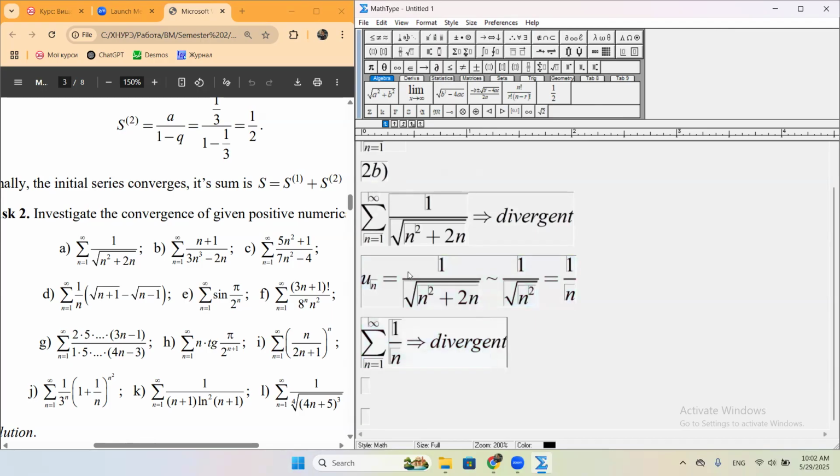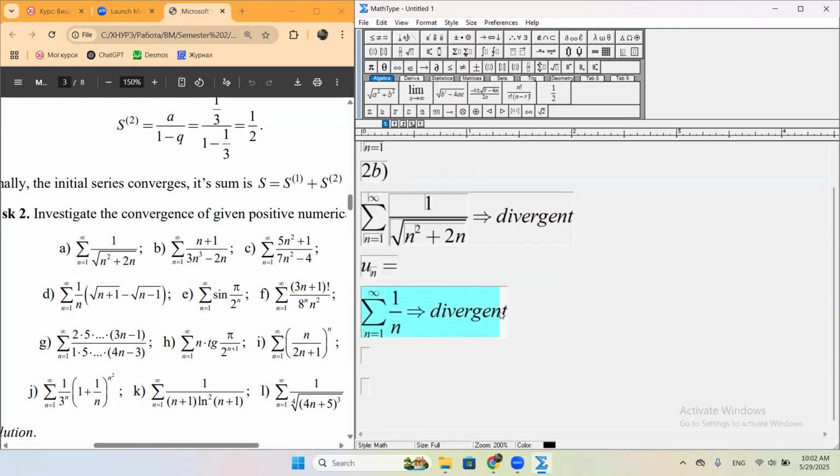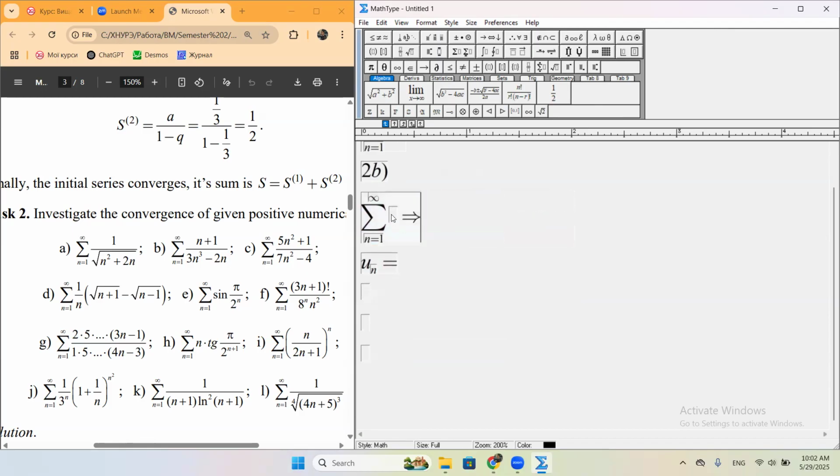So then we will have another series, in 2b. So n plus 1 over 3n cubed minus 2n. So u_n is the following, and we will compare it with the generalized harmonic series.